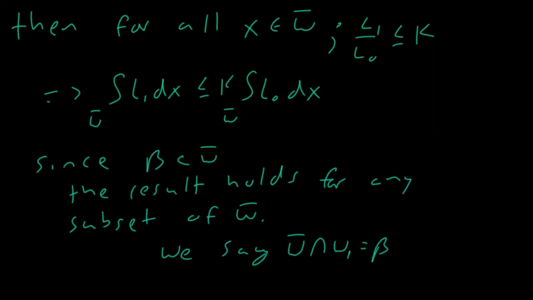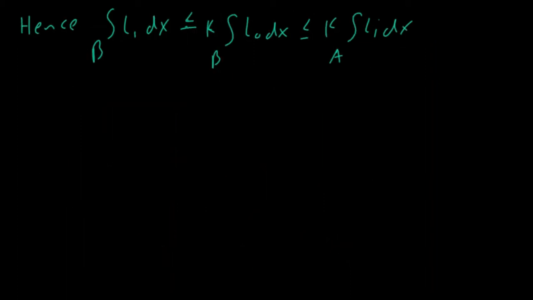Since B is contained in W complement, the result holds for any subset of W complement. We say that W complement intersect W1 is equal to B. Hence, we have the integral across B of L1 dx is less than or equal to K times the integral across B of L naught dx, which is less than or equal to K times the integral across A of L1 dx.